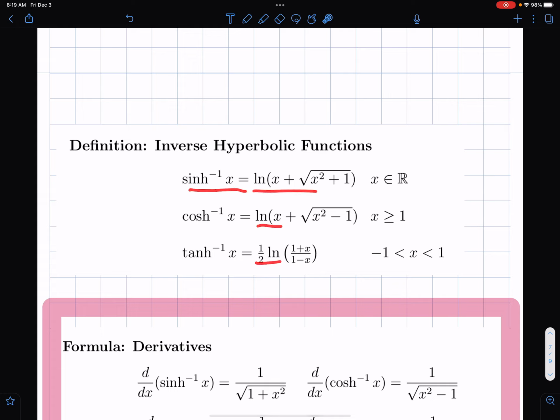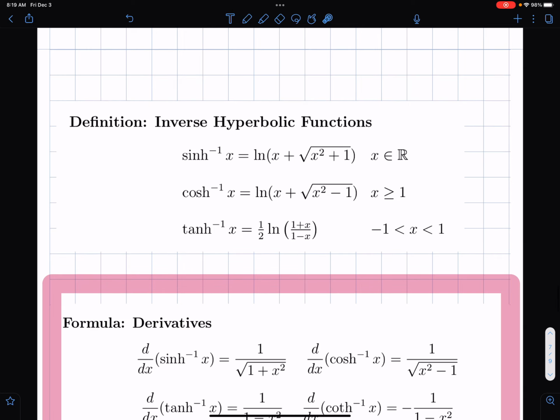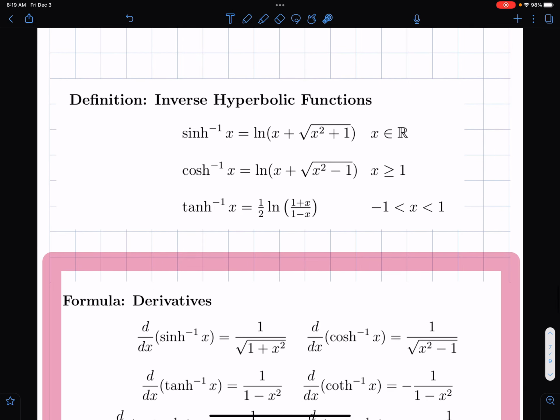Notice they involve logarithms. It's not that surprising because hyperbolic sine and hyperbolic cosine are written in terms of e to the x and e to the minus x. Well, the inverse function of e to the x is natural log. So it's not surprising that the inverse of hyperbolic functions would also have natural log. But I'm not going to show how to find those.